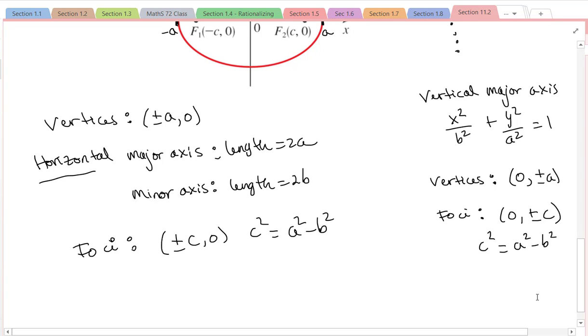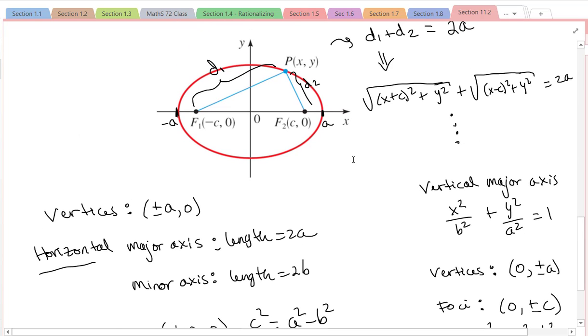And so those are the formulas that we can use in order to then graph it and find the foci. And one of the things I talked about was the eccentricity. So what is the eccentricity of an ellipse? The eccentricity is a ratio, the ratio of the foci to the vertices, to a vertex essentially, so c to a. That tells us how elongated the ellipse is going to be, or how close to a circle.